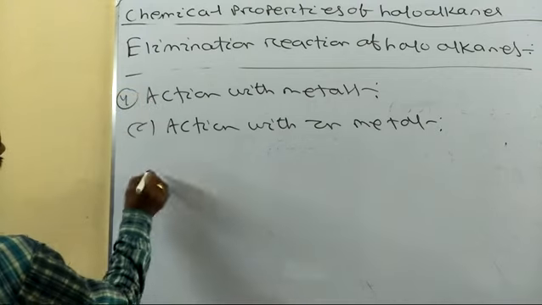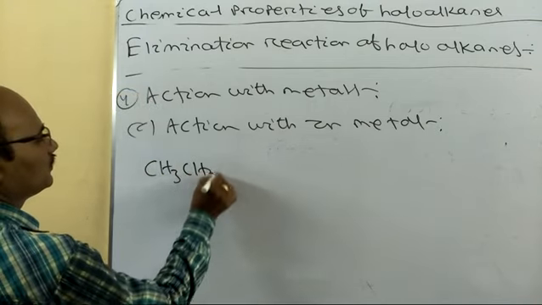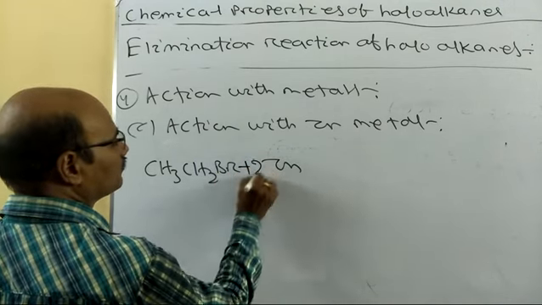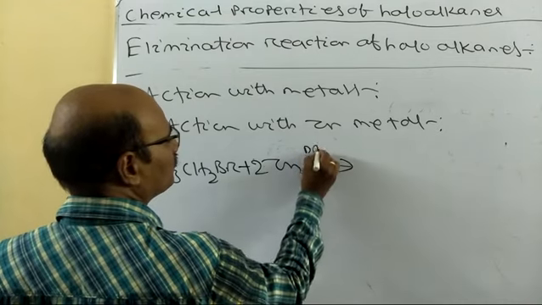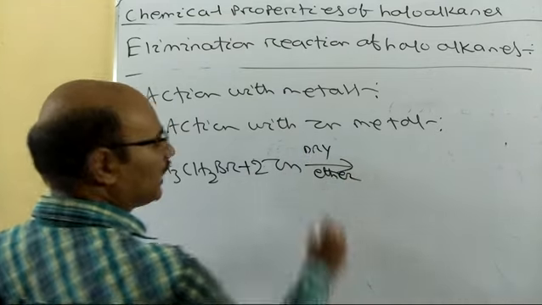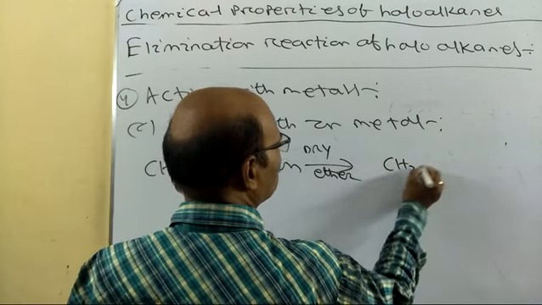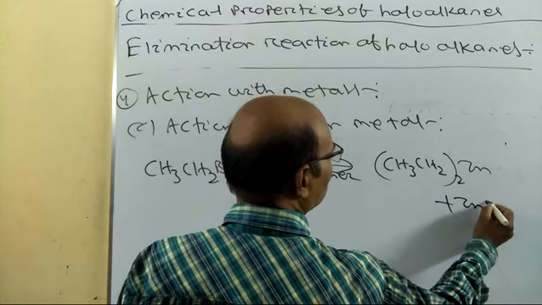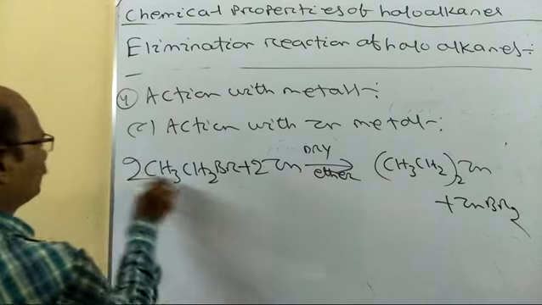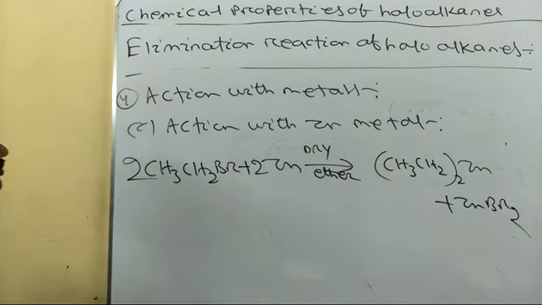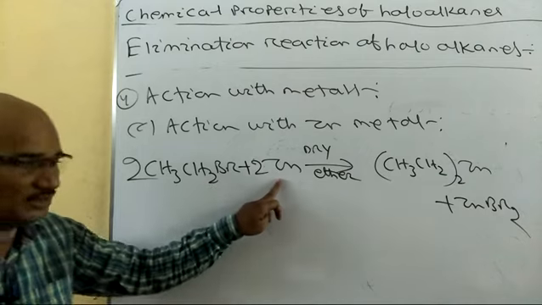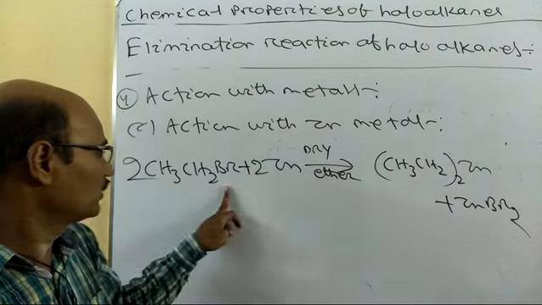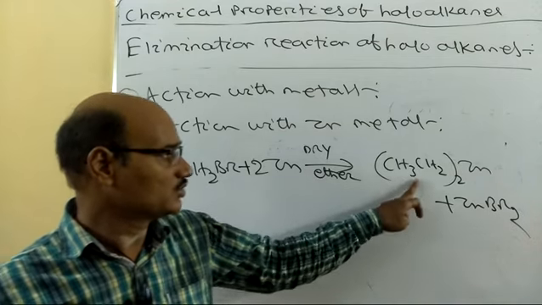See, if I have CH3CH2Br plus zinc in dry ether, I get (CH3CH2)2Zn plus ZnBr2. So ethyl bromide reacts with zinc metal in dry ether to give dialkyl zinc: CH3CH2Br plus Zn gives (CH3CH2)2Zn.